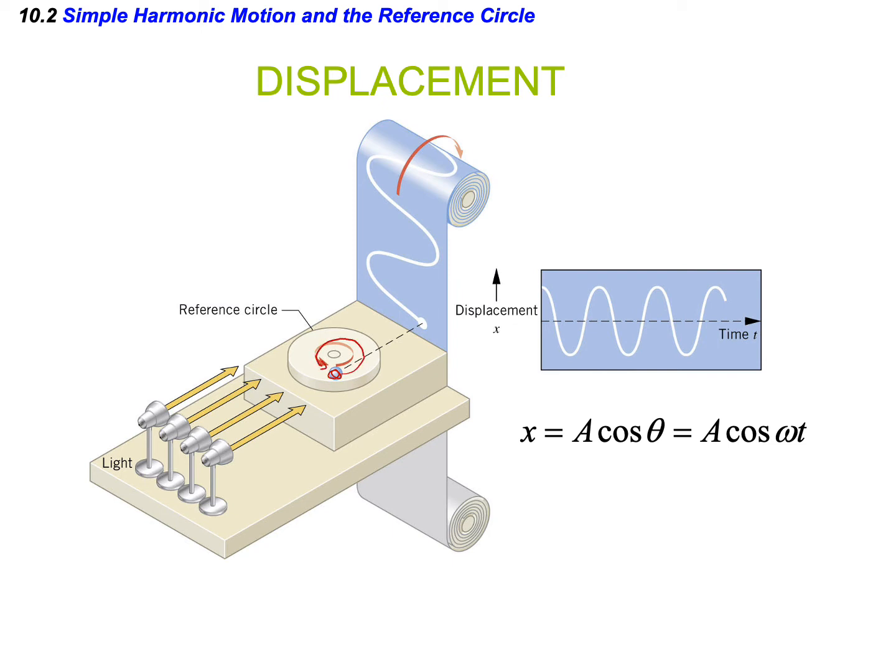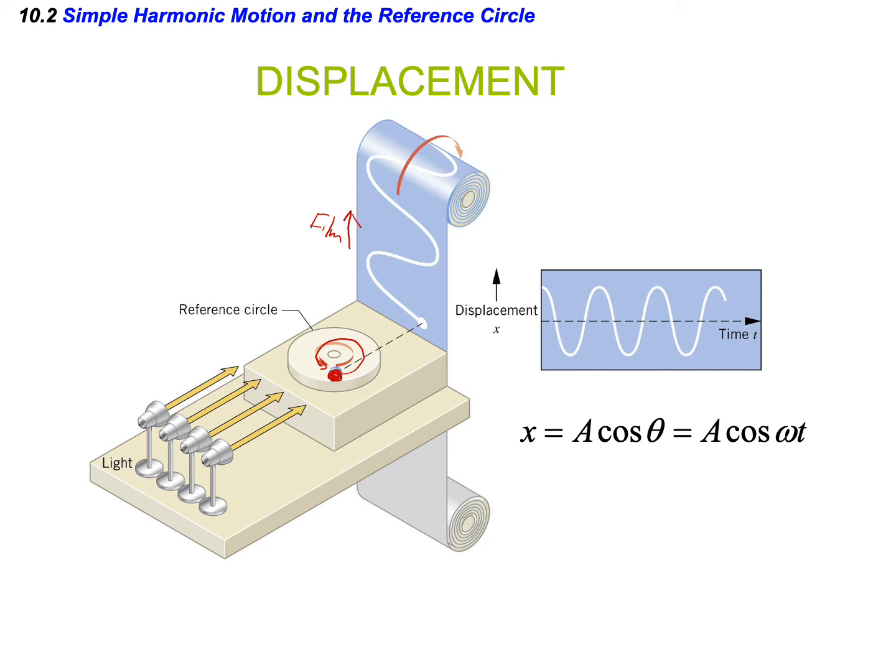Over here you have light bulbs, and because of the light you will see a shadow on this film. If this ball starts rotating, you see this shadow also moving, because this film is also moving in this direction.